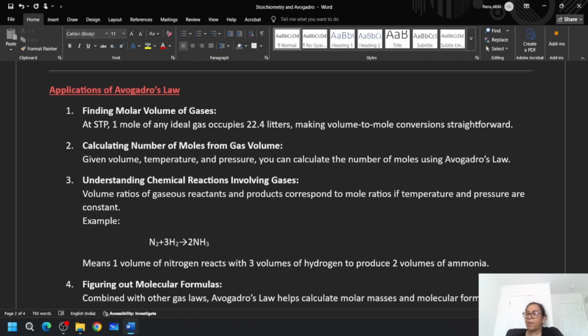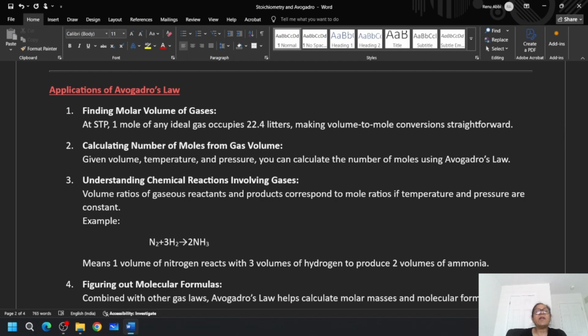If the standard volume is to be taken, then it is 22.4 liters. Calculating the number of moles from gas volume: if the gas volume is given, then we can calculate the number of moles. Afterward, given volume, temperature and pressure, you can calculate the number of moles using Avogadro's law.